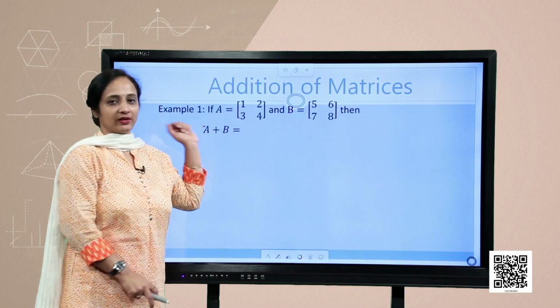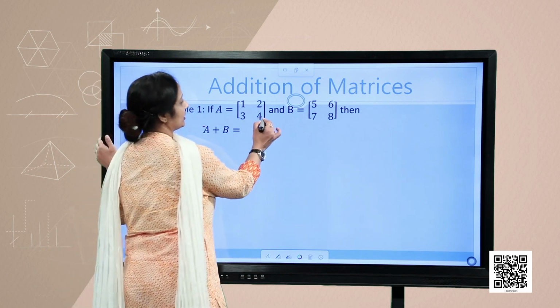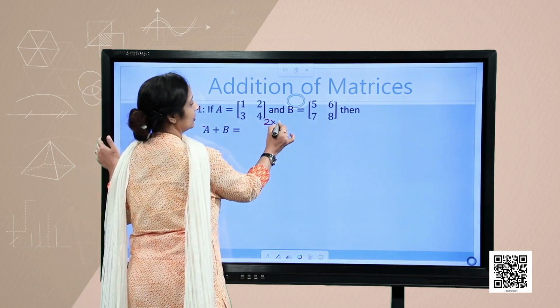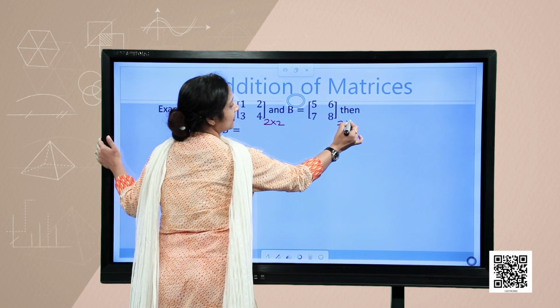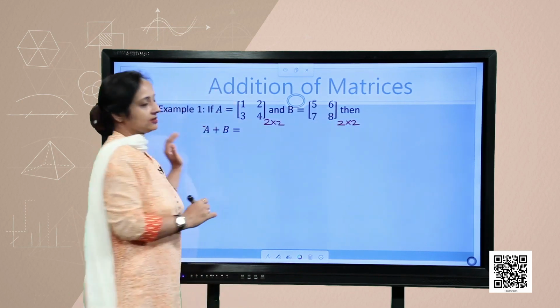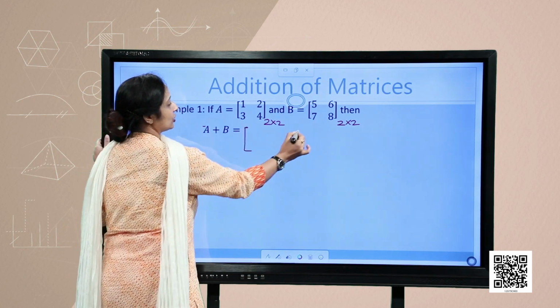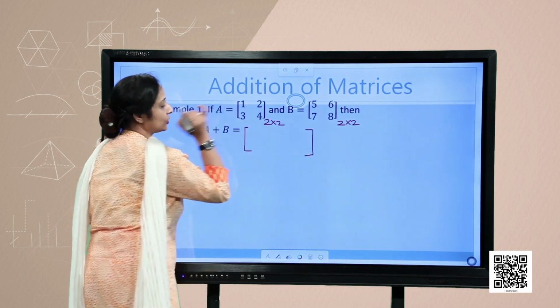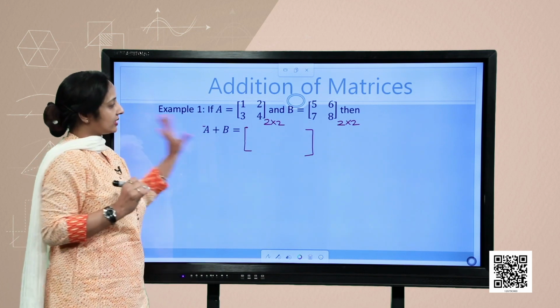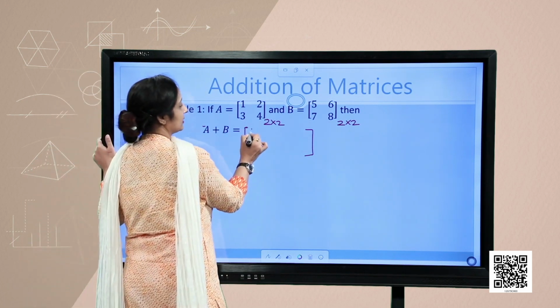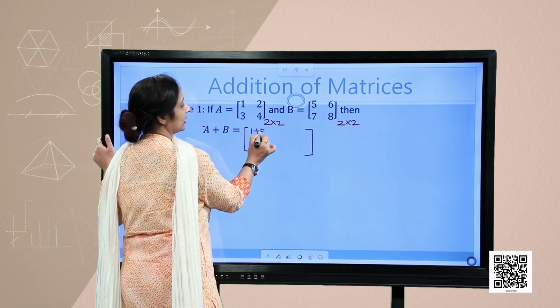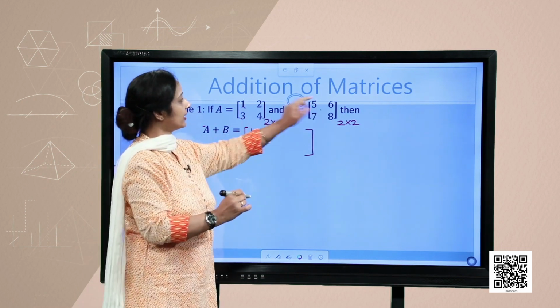You are given these two matrices A and B. So, your very first step is to check their orders. Both of them are having the same order, that means you can add them. Since addition of matrices is also going to give me one matrix, I will write in the matrix form only. You can add corresponding elements 1 and 5.